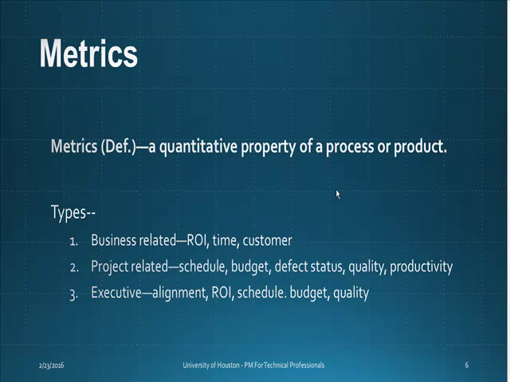And if it's at the executive level, the top managers are more interested in knowing whether the project is aligned with the business objective within the corporation, what the general return on investment is, and how the schedule, budget, and quality look for the project.